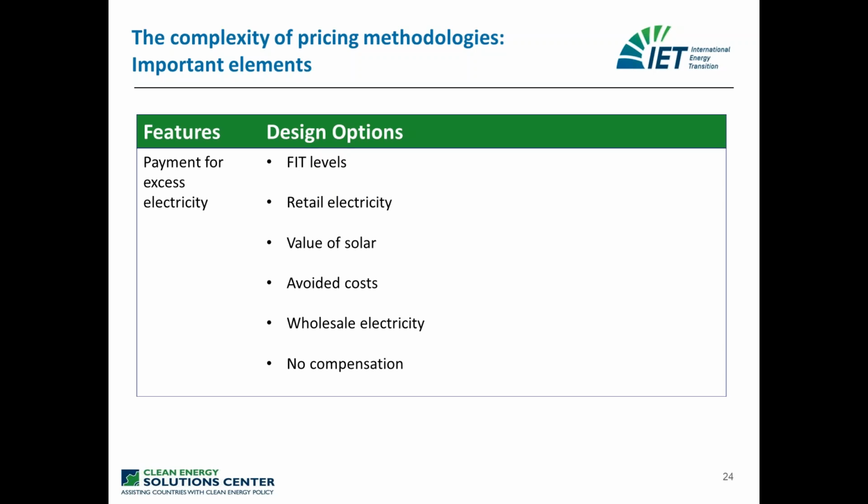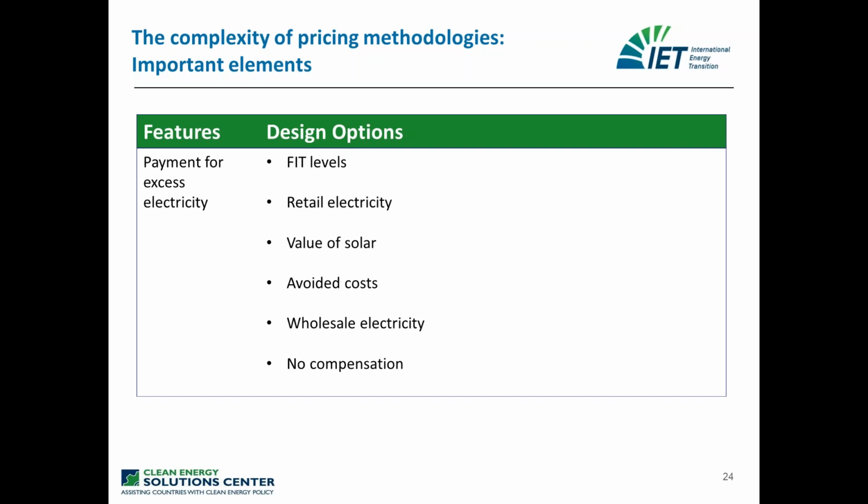So we don't have a net metering scheme, but the feed-in tariff scheme is rather similar to a net metering scheme, because now you're feeding any excess that you have into the grid at a feed-in tariff price which is only 1/3 of the retail electricity price, and still 3 times higher than the wholesale electricity price. And of course, under the feed-in tariff, you don't have any limitation on the amount of electricity that you can feed into the grid and that you're then remunerated for.